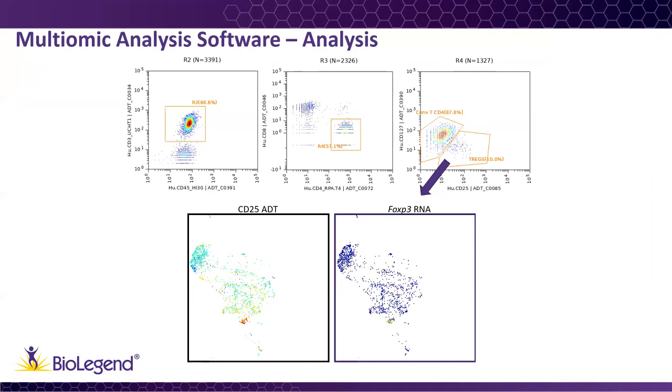In this example, Tregs were defined as CD3 positive, CD4 positive, CD127 low, and CD25 high. By using MAS, I was able to show that these cells also express FOXP3, which we all know is a transcription factor for Tregs. We expect to have this software available by the end of the year.